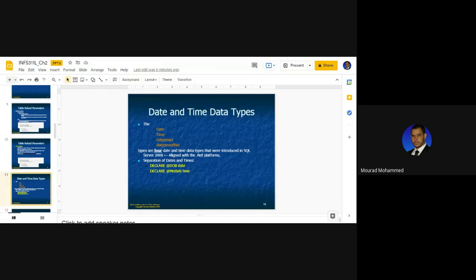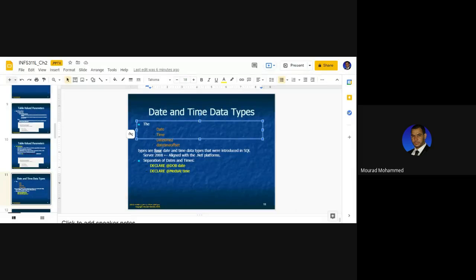So you use the declare keyword, and you indicate that the variable you are defining is a variable by preceding it with an at sign. Simple. And you specify the data type you want. So you have to respect this syntax.